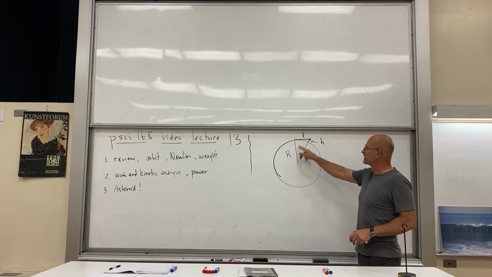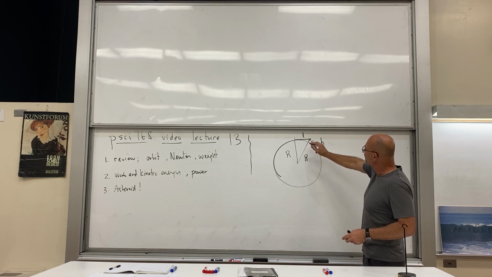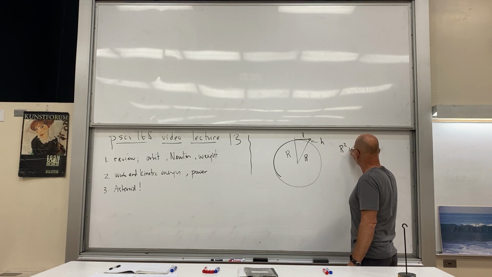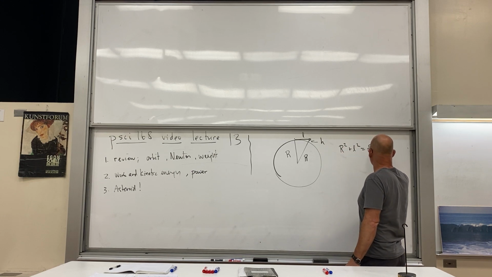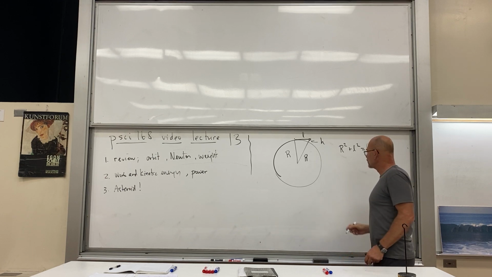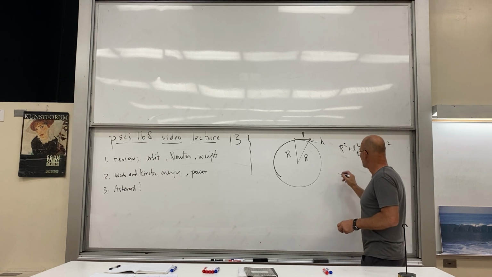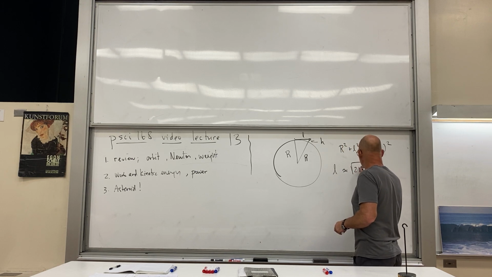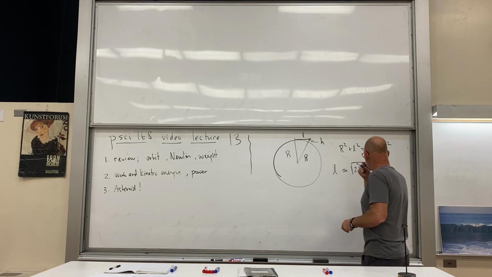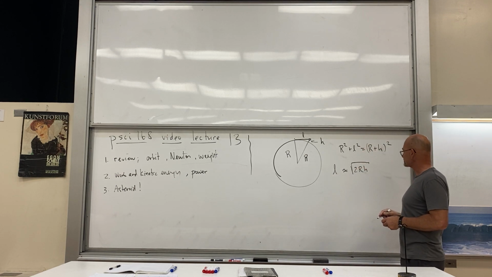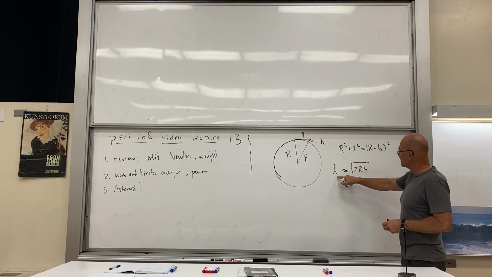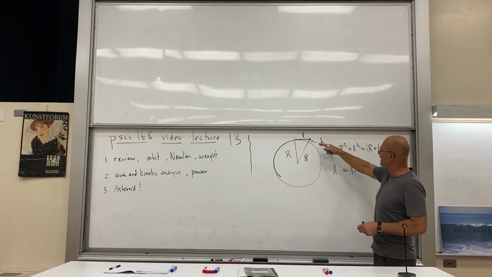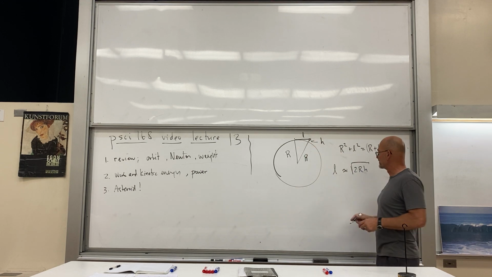You'd have a different radius, a different g. But we use the Pythagorean theorem, r squared plus L squared equals (r plus h) squared. You want to be able to do these steps yourself. And we found out that L was approximately equal to the square root of 2 times R times h. And this L was the distance forward in the same time that something fell that little distance h.